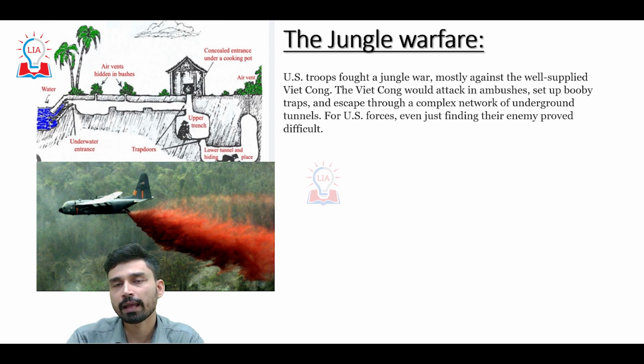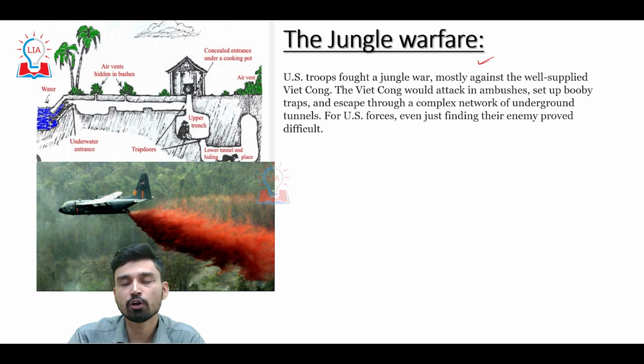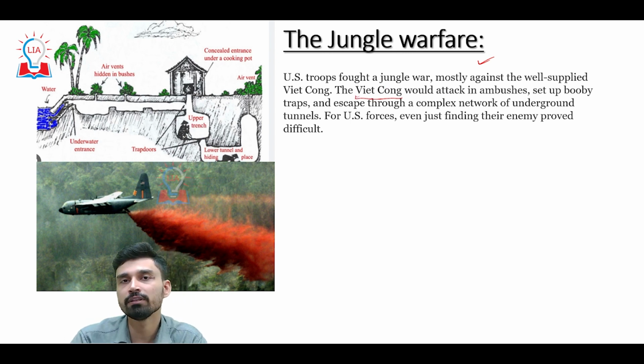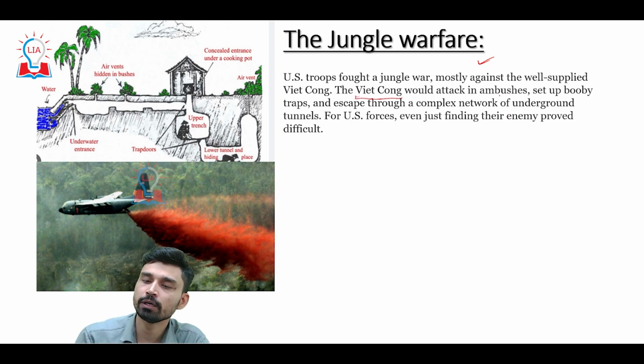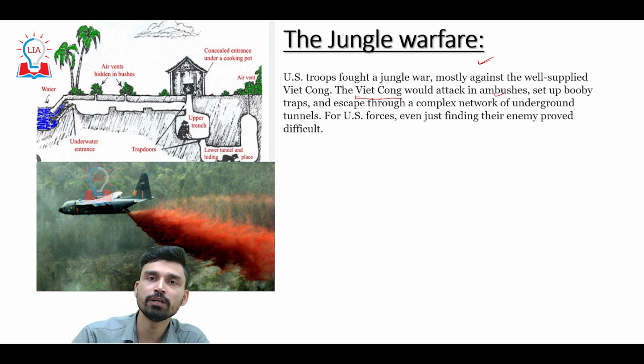Further, as the war progressed, it took on the nature of what we can call jungle warfare, because a large part of Vietnam was covered by forest. The Viet Cong, since they were very well aware of the local terrain, would carry out ambushes against the US forces, set up booby traps to trap them, and also escape through a complex network of underground tunnels, as you can see from here.